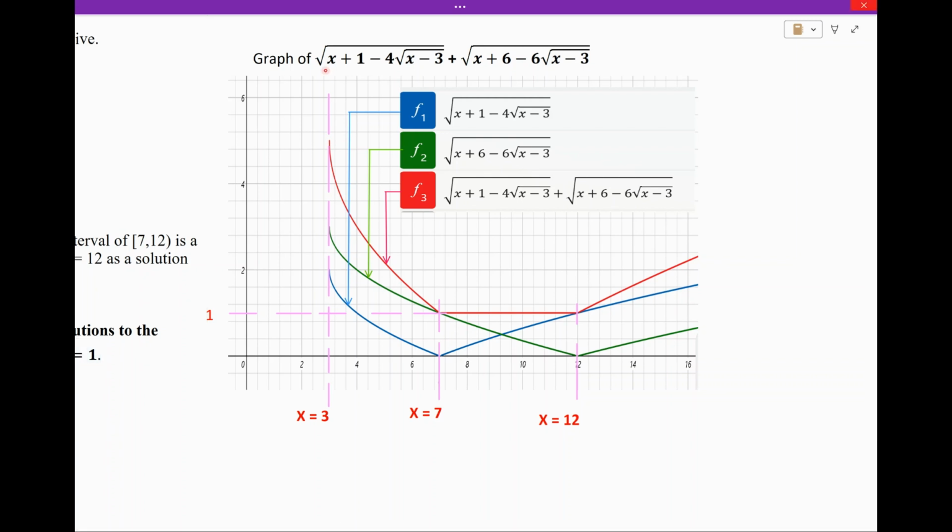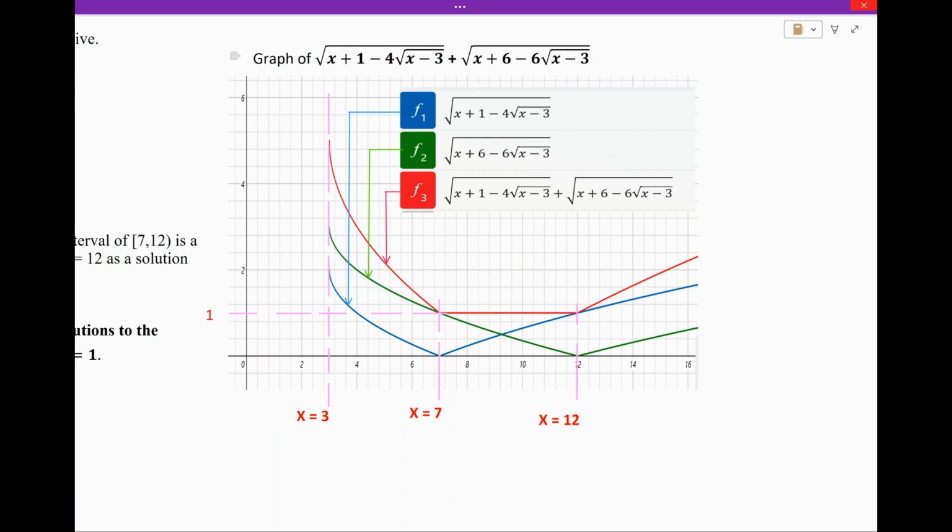This first part, square root of x plus 1 minus 4 square root of x minus 3, that is the blue color graph, is this. It starts at x is equal to 3, becomes 0 at x is equal to 7, then it goes on increasing.